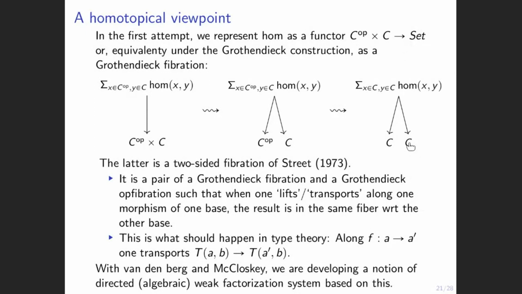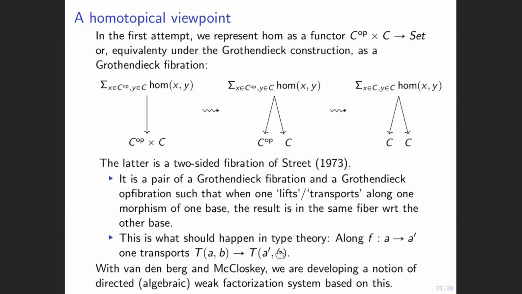And this is exactly what should happen in type theory. Thinking about our goal of directed type theory, if you have a morphism from some A to A prime, say here in C, then you should be able to transport a type that's dependent on two of these variables, A and B, to A prime and B, without messing up this B here.